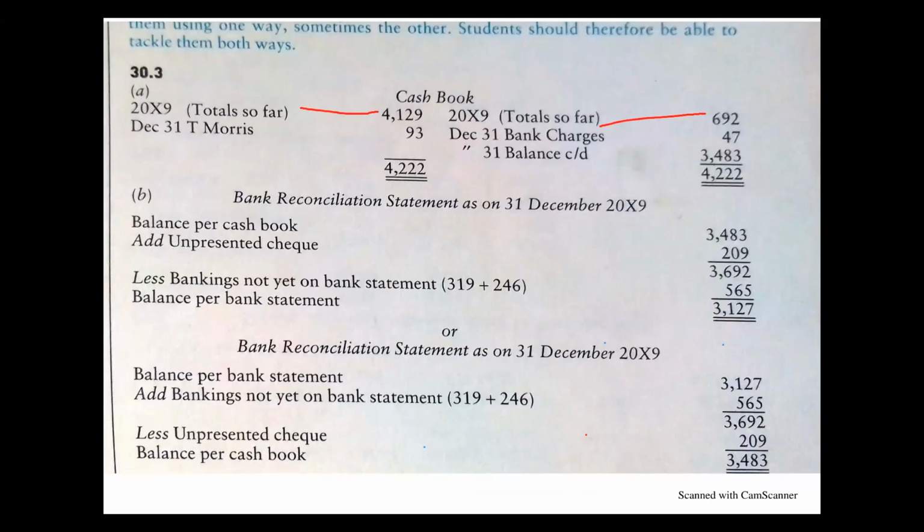You add this credit transfer on the debit side that I talked about, that 93. The bank charges go on this side. And then you close the account again. How do you close the account? You are aware we add and then record the biggest amount on both sides, right? Then on the lesser side, you sum this and subtract it from this 4,422 so that you can get the balance carried down as 3,483.